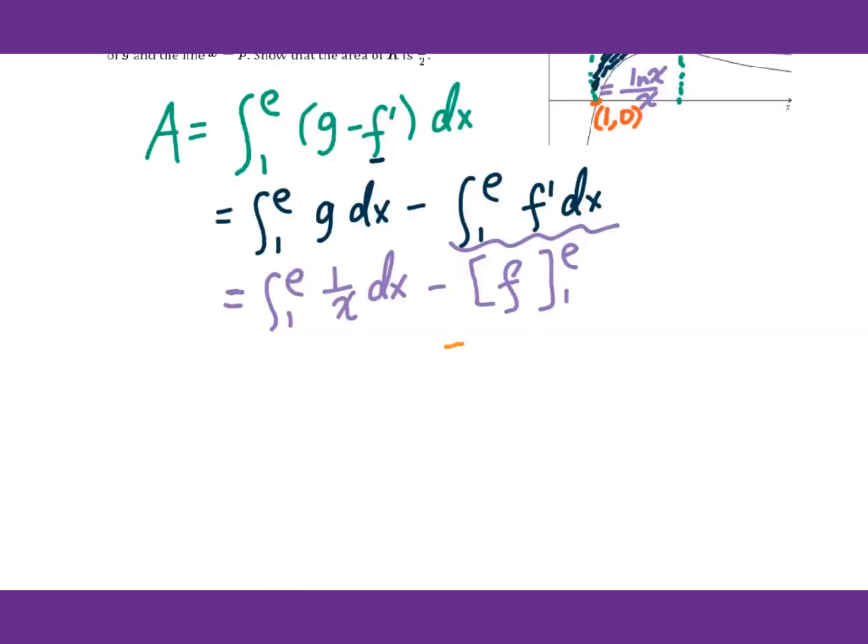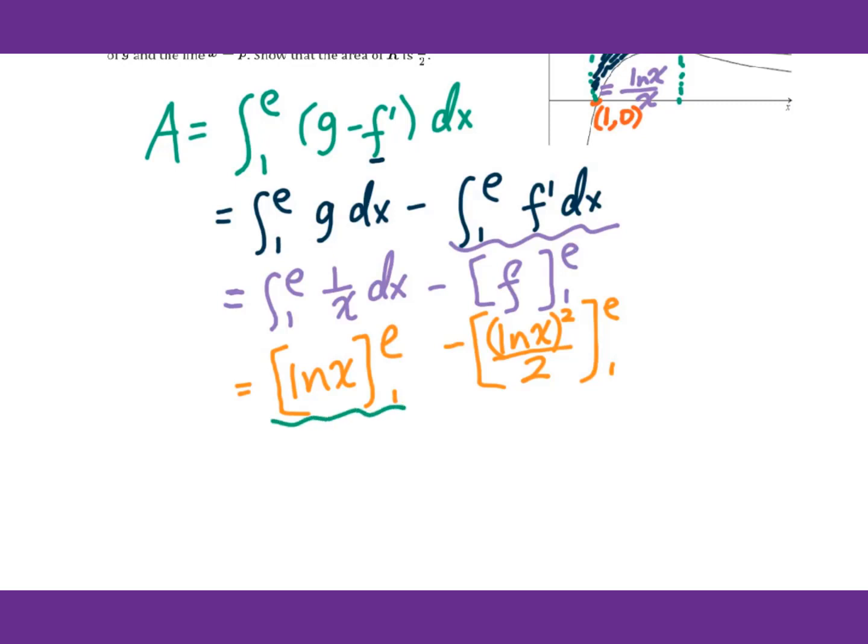So you get natural log of x squared over 2, from 1 to e. For the other part, you get natural log of x, from 1 to e. We do this separately. You get natural log of e minus natural log of 1. This gives you 1 minus 0, that equals 1.